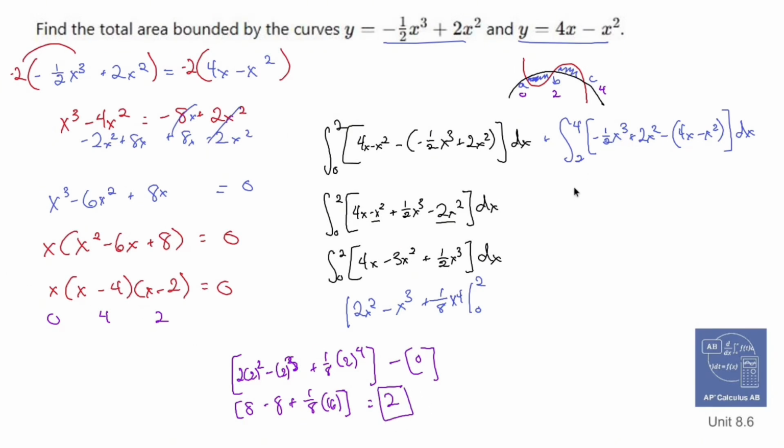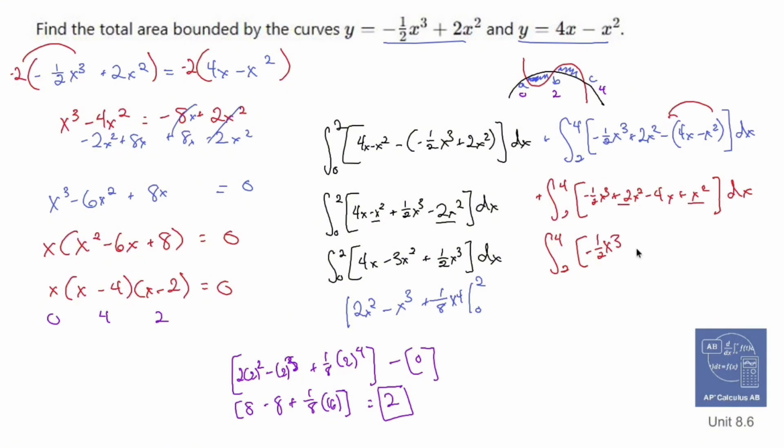Now let's do this guy. A lot of similarities going on. You can distribute that negative, so you become the integral from 2 to 4 of x cubed plus 2x squared minus 4x plus x squared, close it, dx. You become negative 1/2 x cubed.